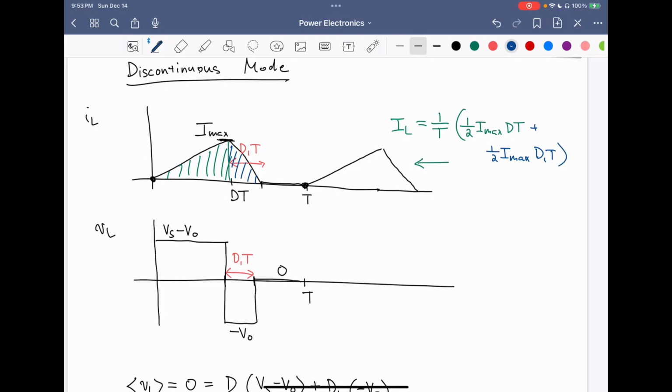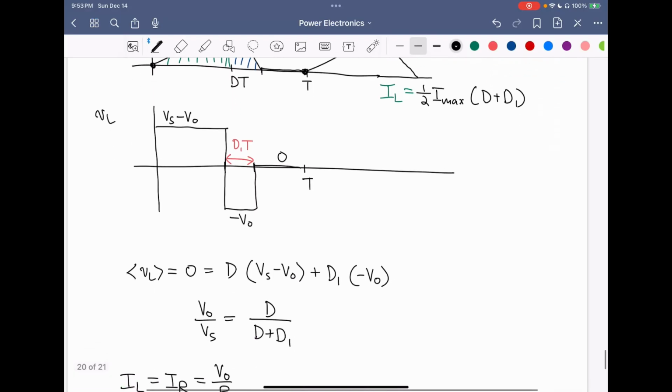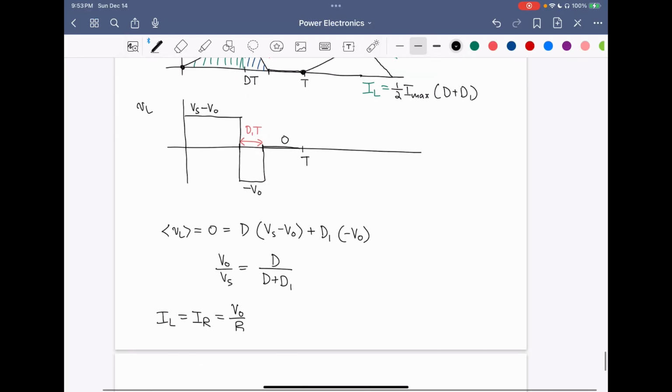So if we cancel out the T's, we get the average inductor current is equal to half times I max times D plus D1. So if we plug this in here, we have that these two expressions are equal.